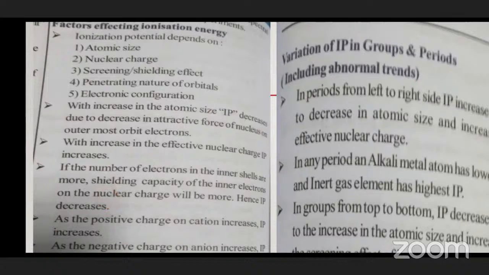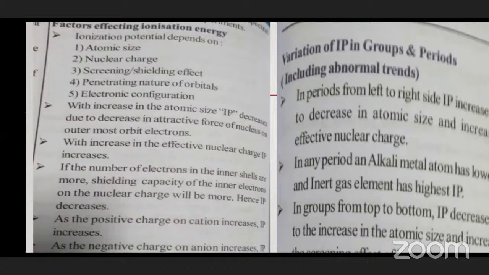When the inner shell electrons act as the shields, what will happen? The nucleus attraction force is going to decrease on the outermost shell. Why? Because inner shells are present now. Those inner shell electrons are acting like what? Screens, as shields.